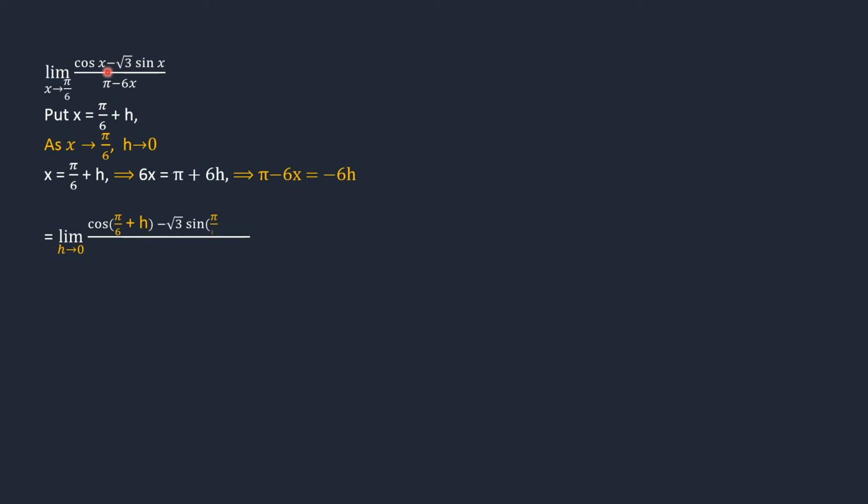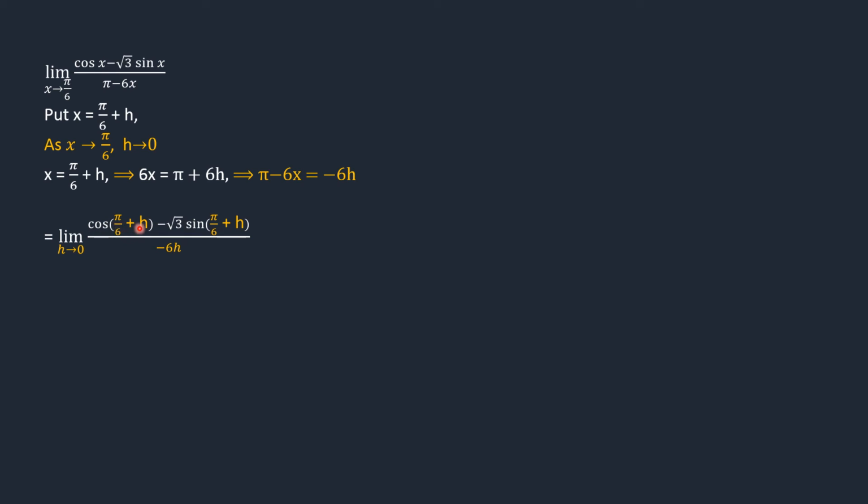See here, in place of x we have written pi by 6 plus h, and in place of pi minus 6x, we have written minus 6h. Now we have to find the values of cos (pi by 6 plus h) and sin (pi by 6 plus h) by the formula that we have.